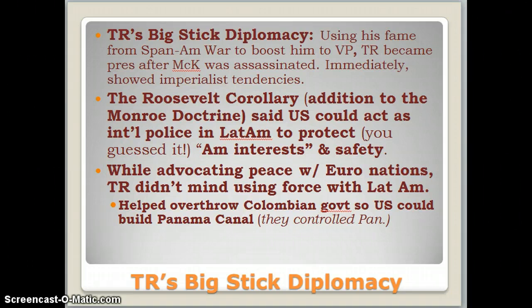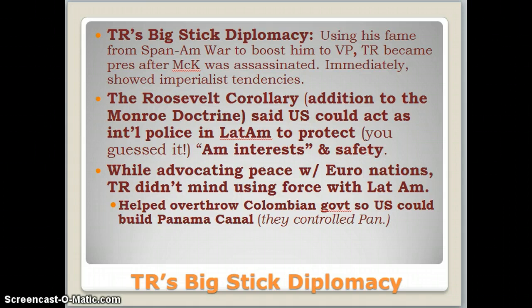He issues what's called the Roosevelt Corollary, not coronary, corollary. A corollary is an addition to something. So this time it's an addition to the Monroe Doctrine. If you remember the Monroe Doctrine from 8th grade history, it said that basically anything that happens in the Western Hemisphere, the United States reserves the right to intervene if it affects us.